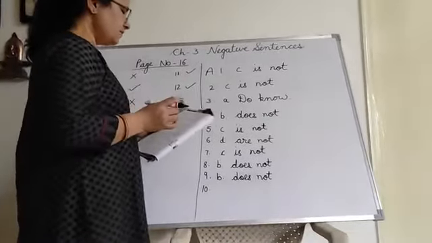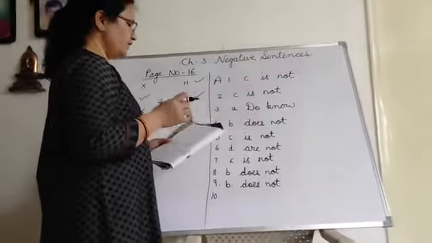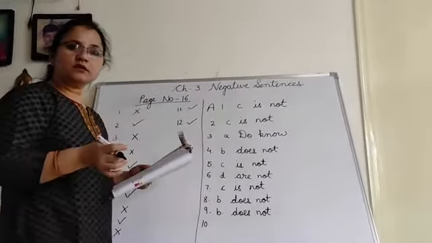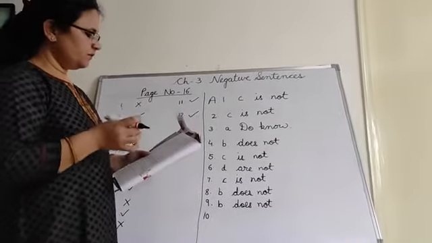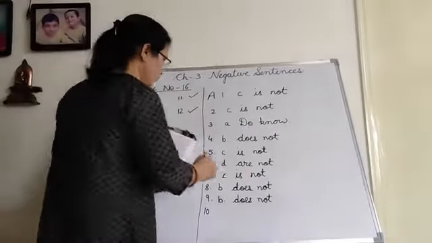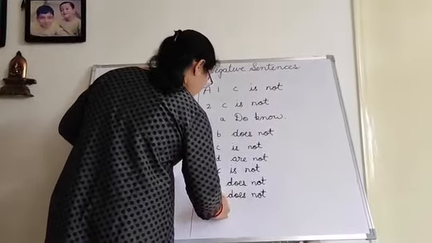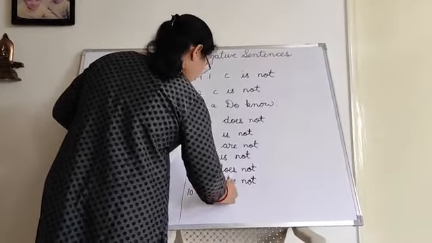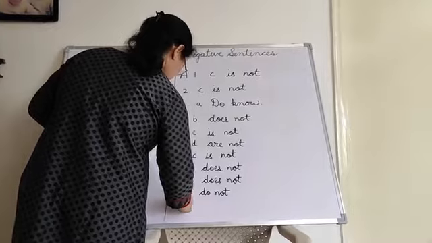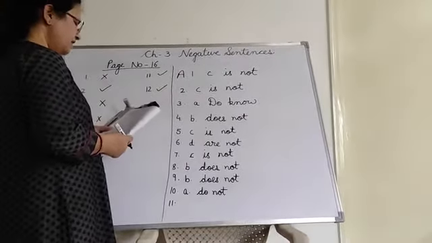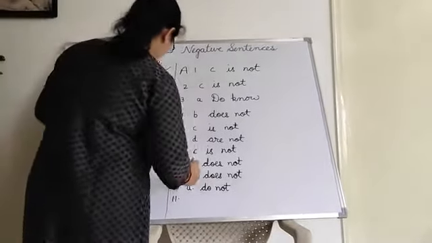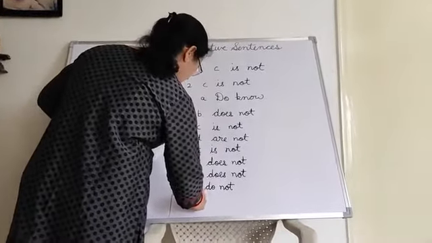10. The Sharmas dash live here anymore. Now Sharmas, it is plural noun. So what will come? The Sharmas do not live here anymore. So A option is correct. Do not. 11. Elephants dash eat meat. So plural noun, do not will come. A option.